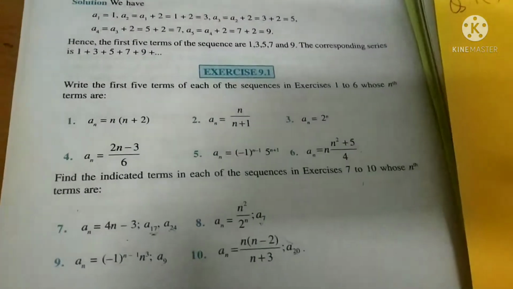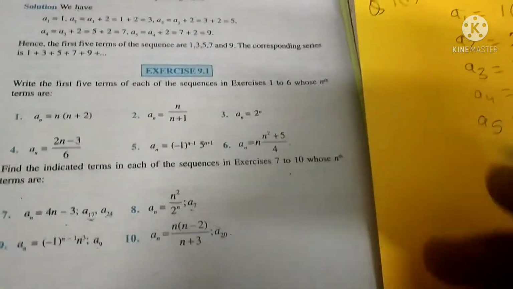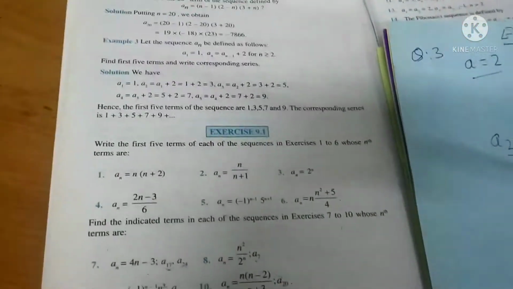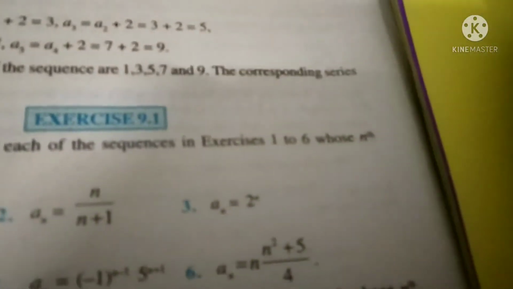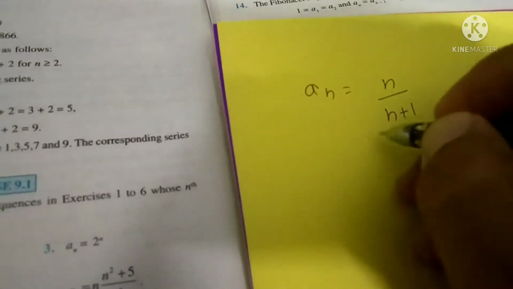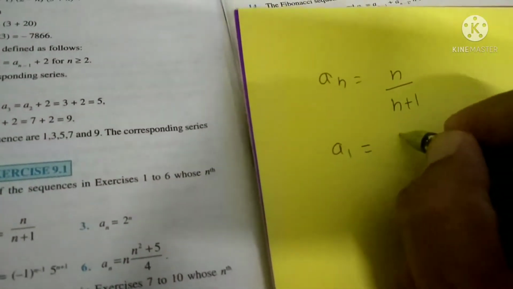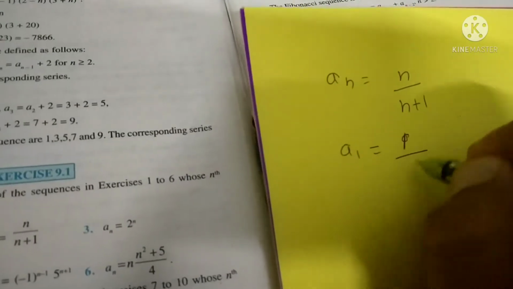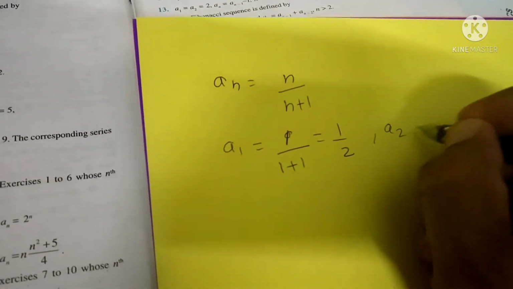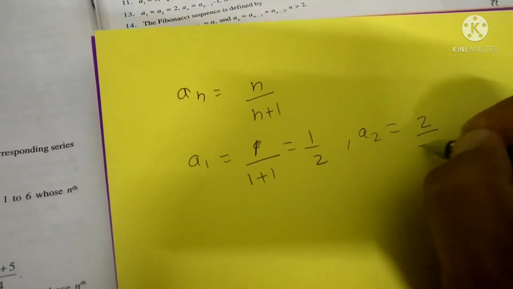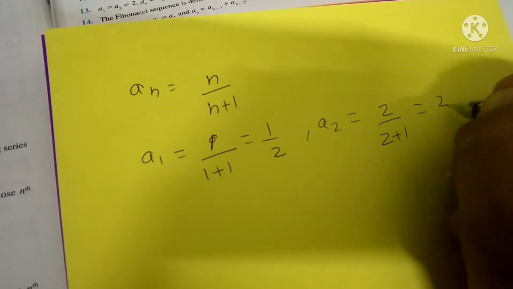Then the next one is an is equal to n by n plus 1. So the first term will be 1 divided by 1 plus 1 equal to 1 by 2. The second term, a2, will be equal to 2 by 2 plus 1 is equal to 2 by 3.